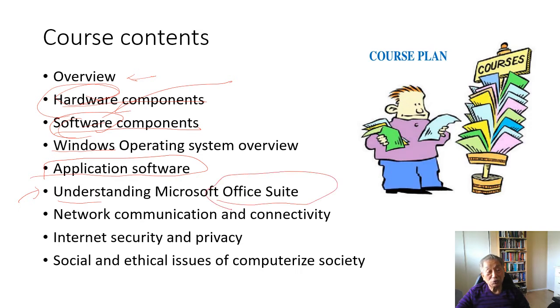So Office suite: a suite is usually in a hotel or an office building, and it means there is more than one room, more than one function. So this Office suite used to contain just Word, Excel, and PowerPoint, PPT.